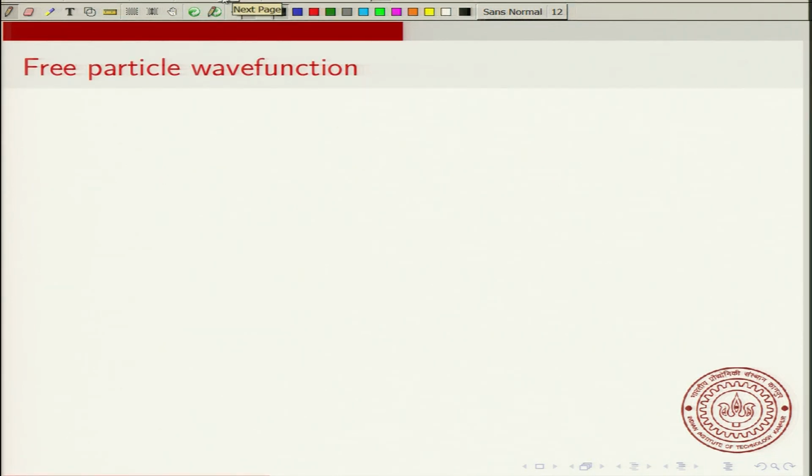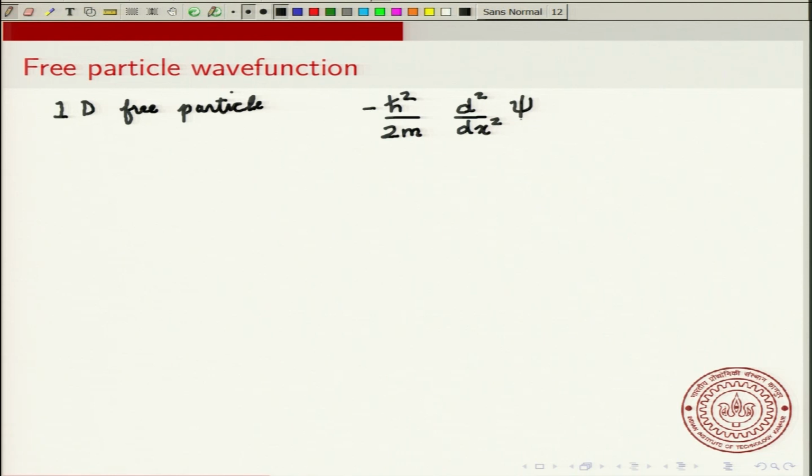Let's write the wave function of a free particle, and I'll start with a one dimensional free particle. Just to remind you, if you have just one particle in one dimension, you can write the Schrodinger equation as minus h cross square by 2m d square by dx square acting on the wave function, which is a function of x.